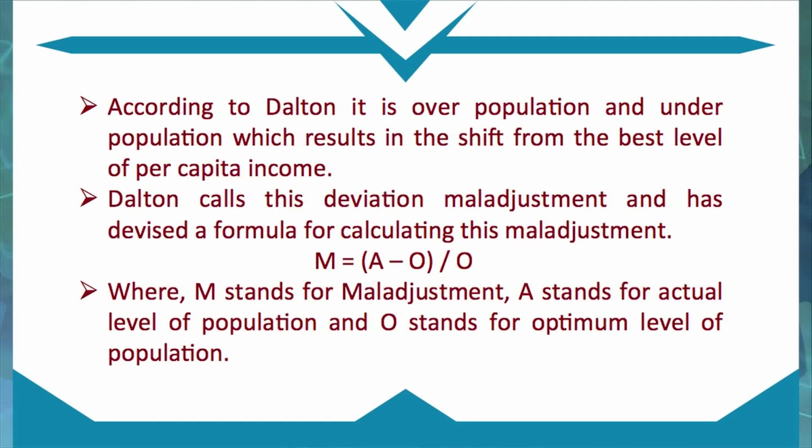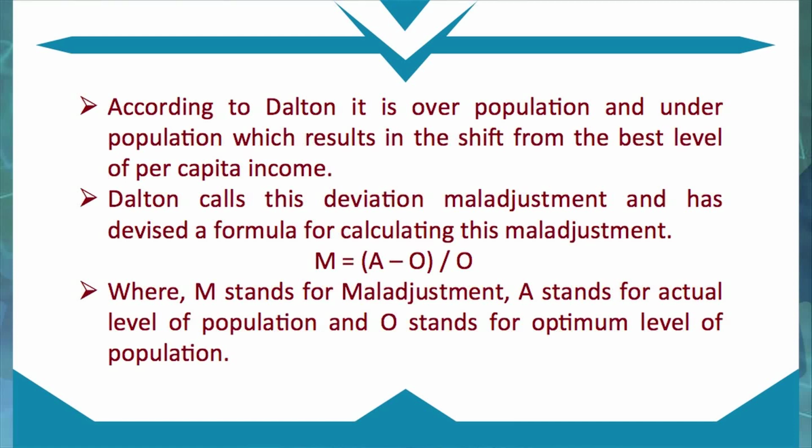Overpopulation. According to Dalton, it is overpopulation and underpopulation which results in the shift from the best level of per capita income. Dalton calls this deviation maladjustment and has devised a formula for calculating this maladjustment.